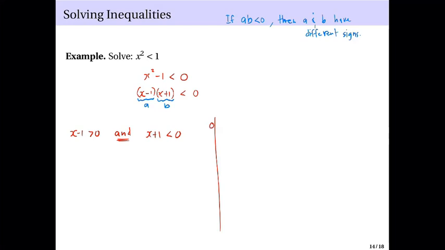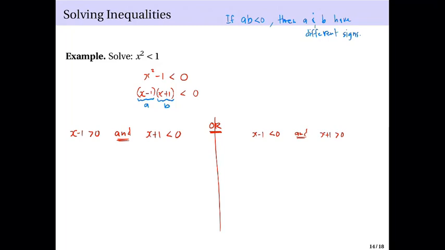The second case, I'll use or here in the middle. The second case is what if x minus 1 is the one that is negative and x plus 1 is the one that is positive. So that's the other case. x minus 1 less than 0 and x plus 1 greater than 0.